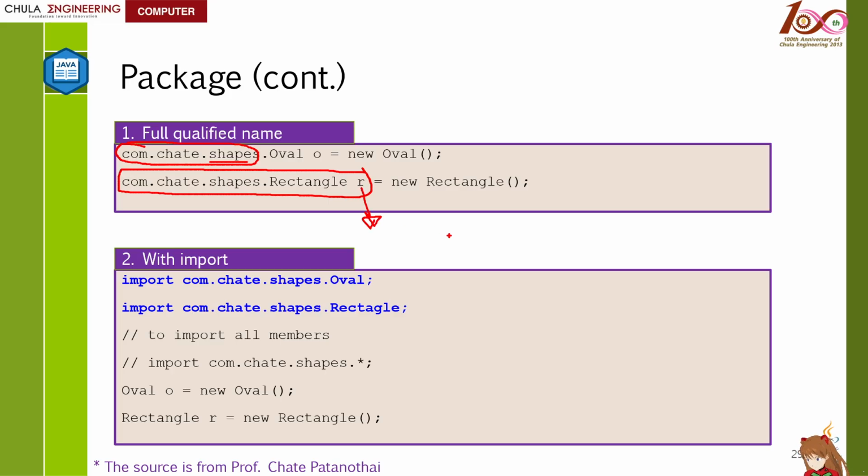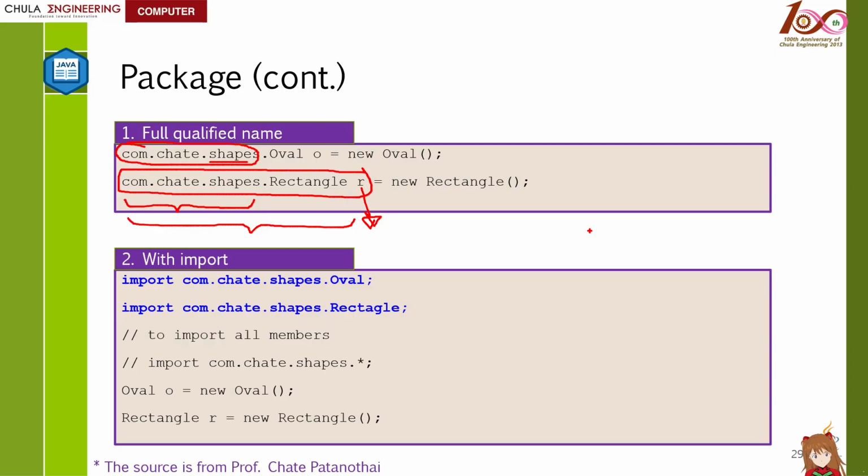Like this is a variable which is a rectangle, but it's not a normal rectangle defined by the Java language. It's a rectangle defined in this folder. So to use it, I have to specify the full path, which can be very long. So usually we don't.